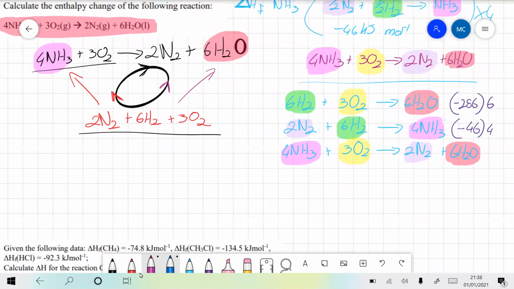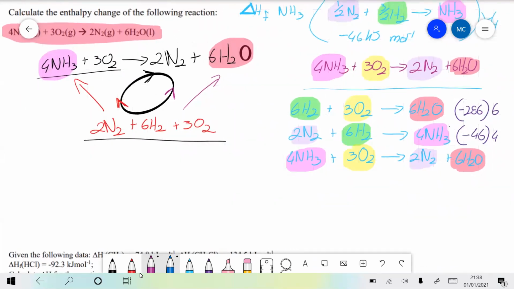Apart from this, each reaction has an enthalpy change associated with it. So I can also write these values on the reactions. So this is the one we don't know. This is minus 286 times 6, and this is minus 46 times 4.